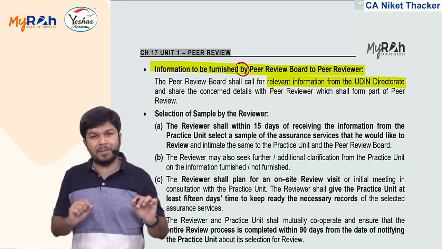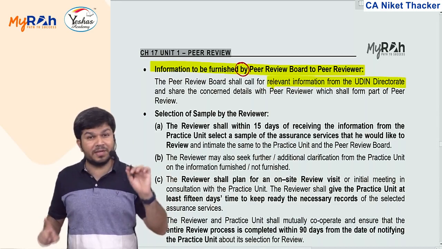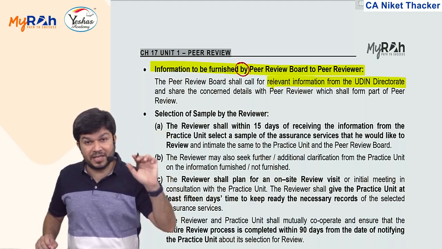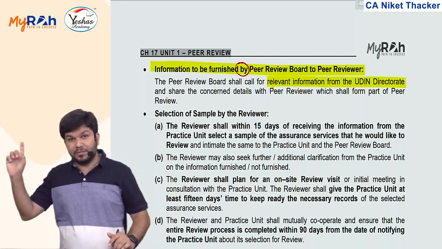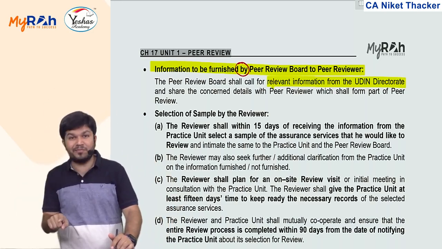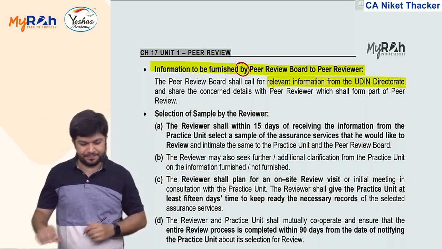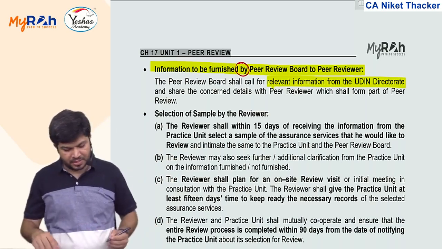Now you are telling I am having only 12 audits. If you have 12 audits, you generated 20 UDINs. Extra 8 have to be certifications. So now you can correlate. So the PU said these are the list of my assurance engagements. You can correlate with UDIN data. That will be provided by the peer review board to the reviewer.